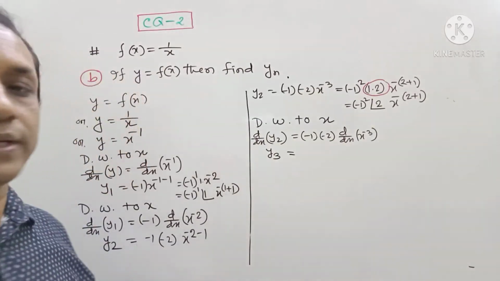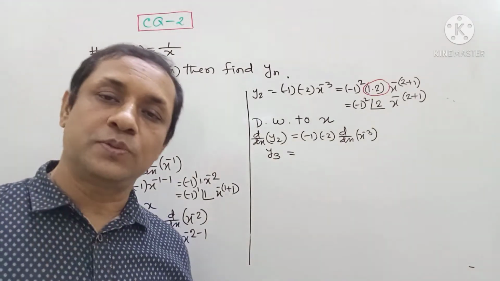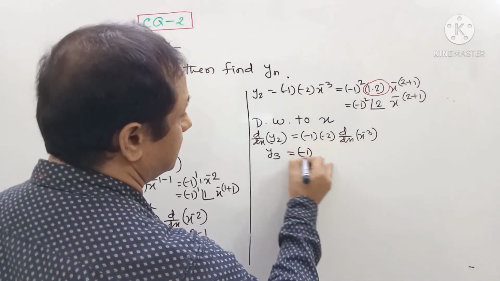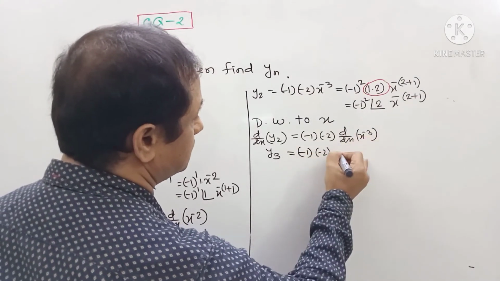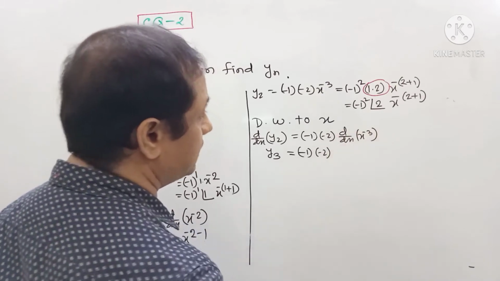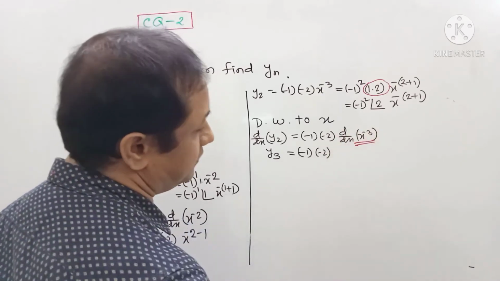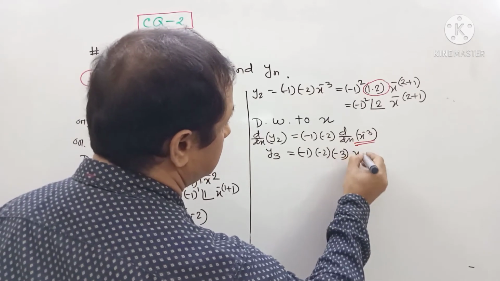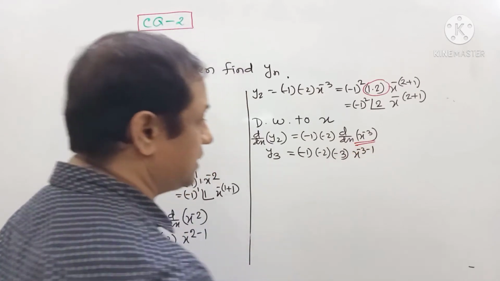You have learned student ddx of y2 equals y3. Then minus 1 minus 2, take it to the first position using the differentiation formula. So minus 3 x to the power minus 3 minus 1.